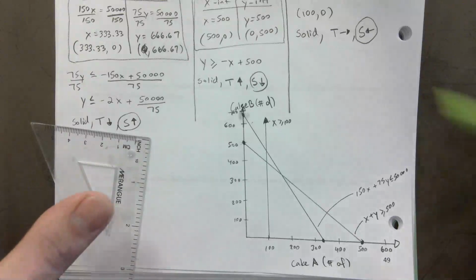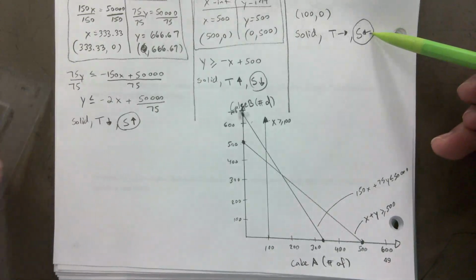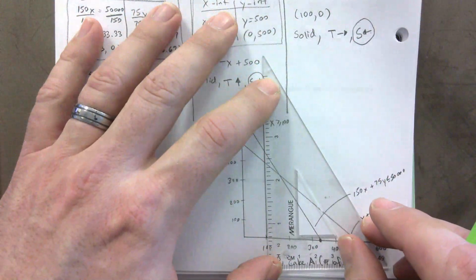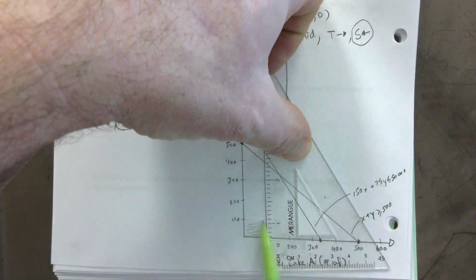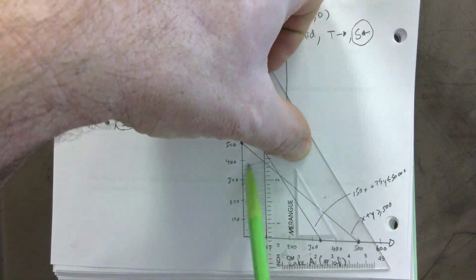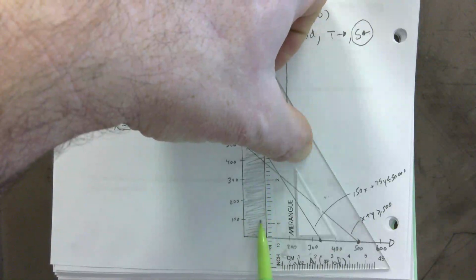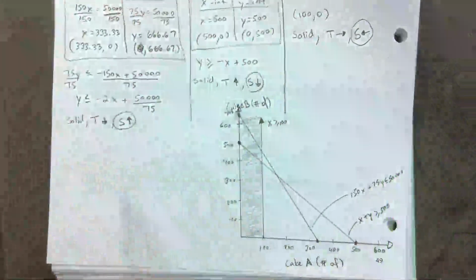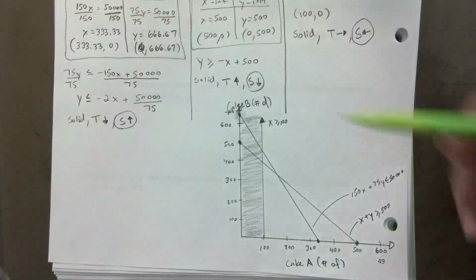All right, let's shade. I'm going to start with the vertical line, so shade to the left of it. Everything to the left. There we go.